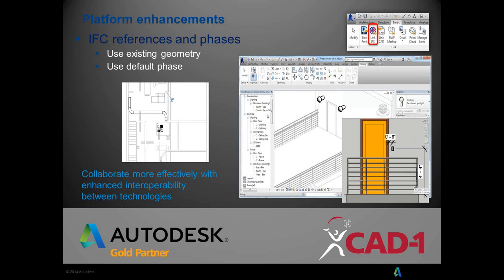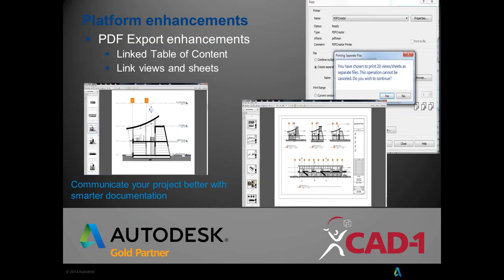All right, go ahead. Okay, so the next feature that I'll be looking at are the improvements they made in the PDF exports. Now when you export your Revit project to a PDF, you choose a list of the views you'd like to transfer, and you'll get a table of contents.